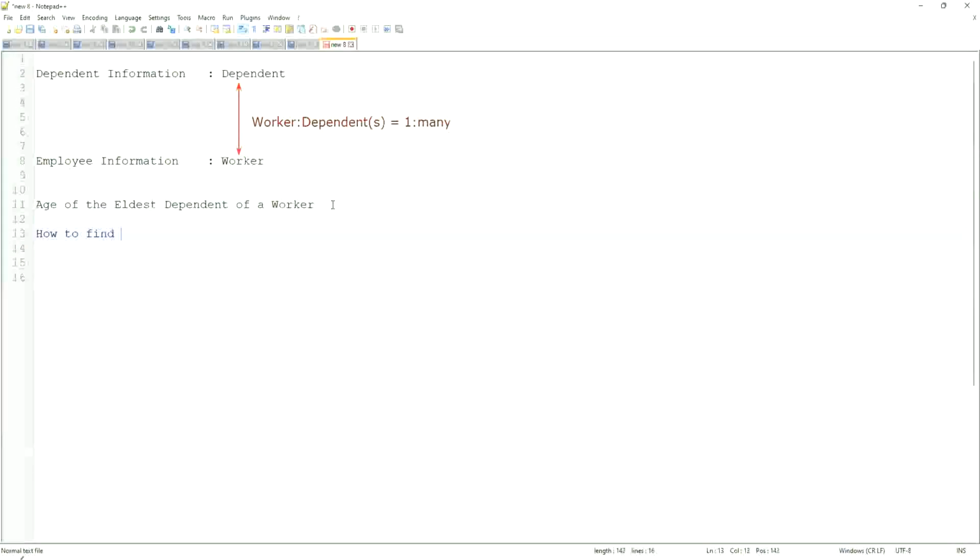If I say how to find the eldest dependent, first of all, we will find it on the basis of the age of the dependent. Correct. And then if I'm going to find the eldest, then what can I do? Can I sort it in some manner and then take one? Let's say you have the ages like 10, 15, and 42.